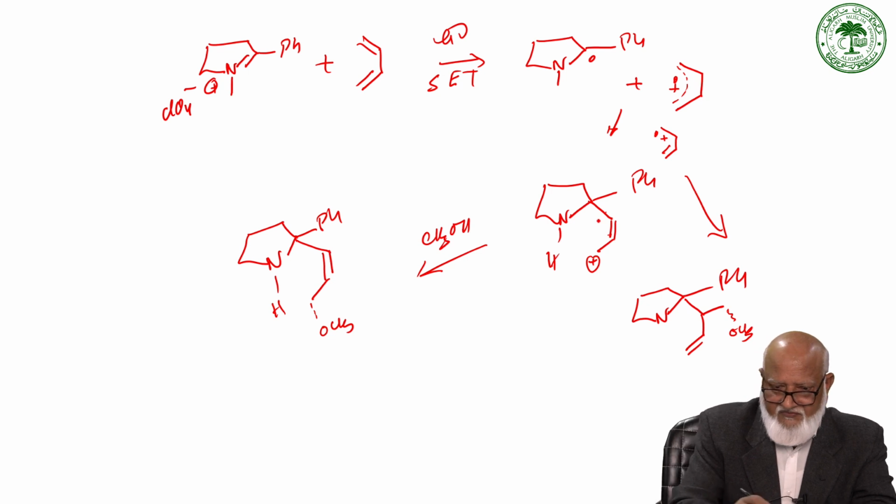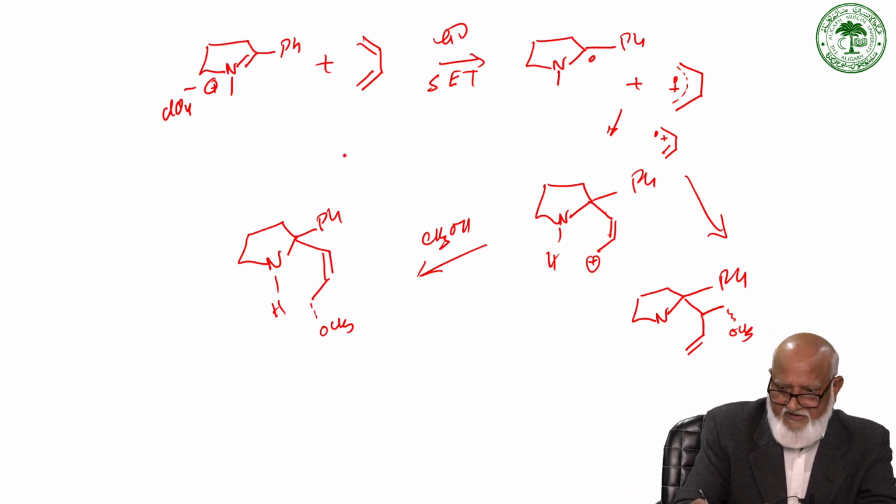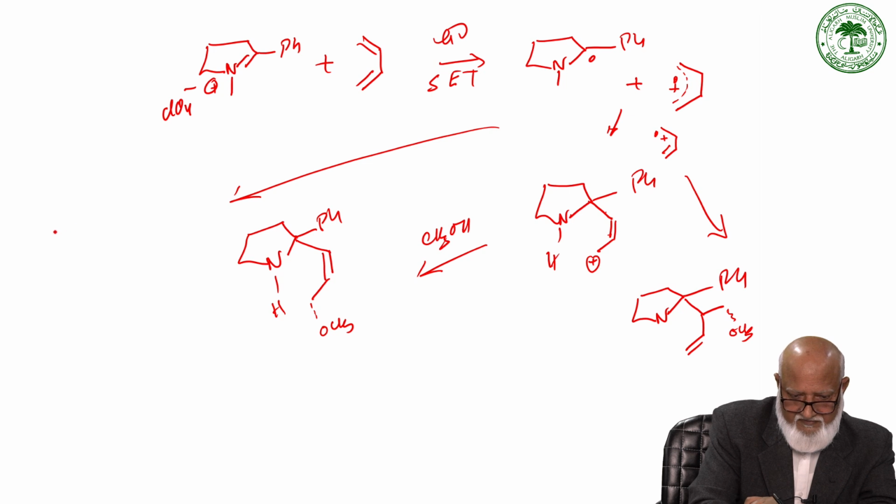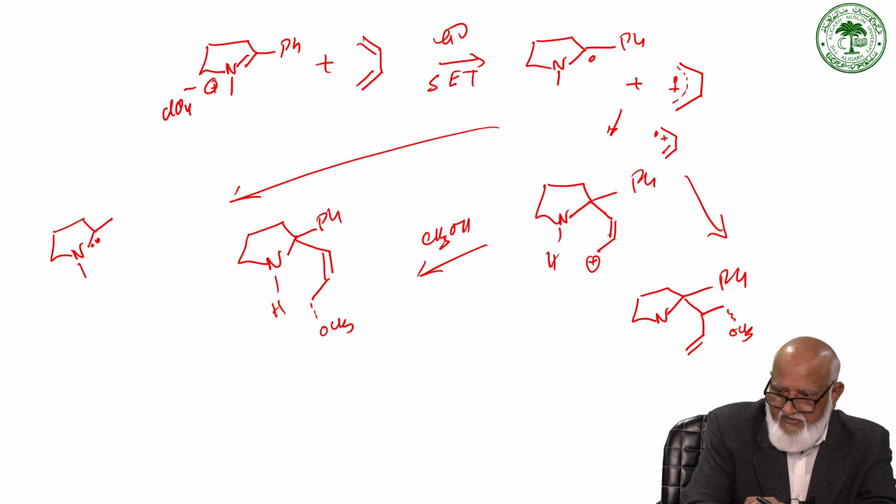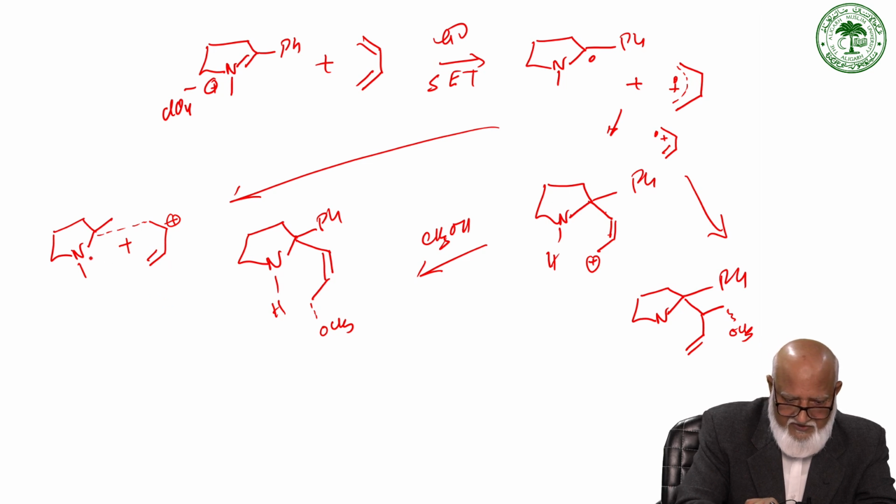Say for example, if we have a system like this, a radical here, this radical might add to this positive charge. So we have a positive charge here, and then you have a double bond, and then the lone pair of this might attack here to give a 4-membered ring.